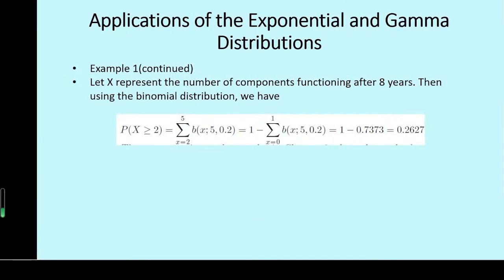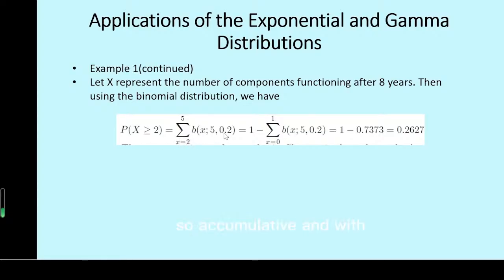Next, let x represent the number of components functioning after 8 years. So this is a binomial distribution. We want to know the probability that x is at least 2 out of 5, right? So we can use a binomial distribution with n equals 5, x at least 2.